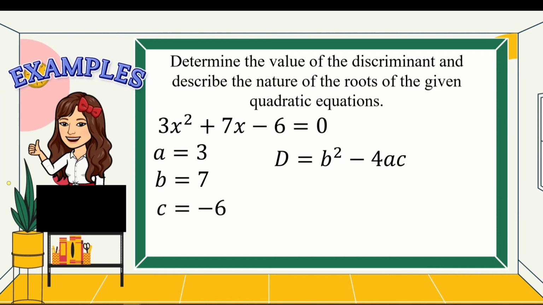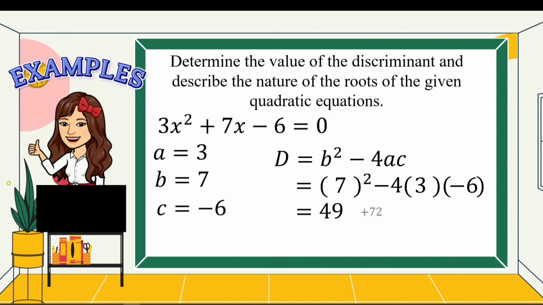Time's up. So let us check if your answer is correct. Let us substitute the values of a, b, and c. We have 7 squared minus 4 times 3 times negative 6. 7 squared is 49. Negative 4 times 3 times negative 6 is positive 72. 49 plus 72 is 121.